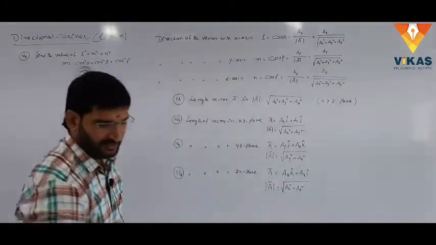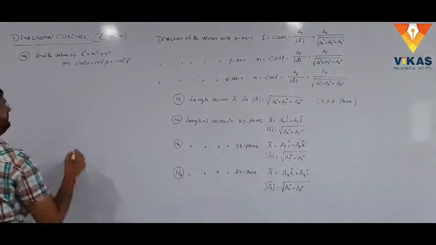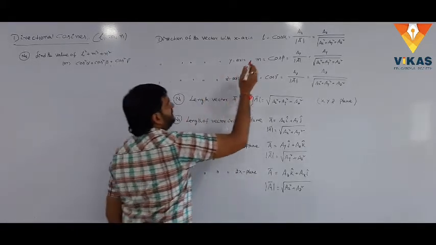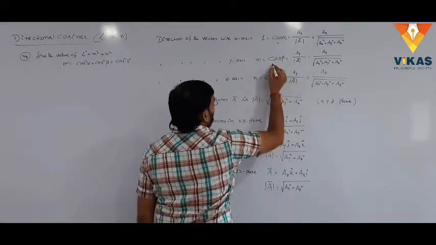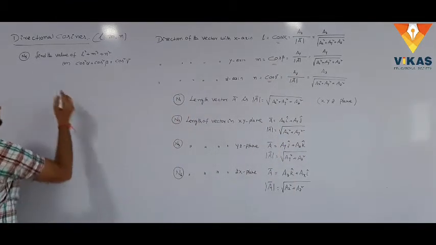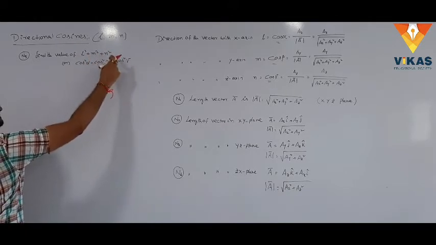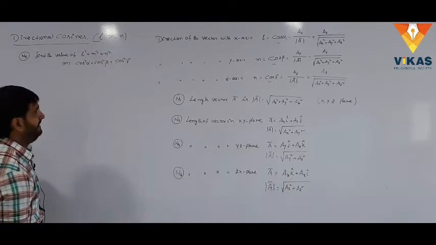How to calculate the sum of the squares of the directional cosines? We know the value of cos alpha, cos beta and cos gamma. l square is nothing but cos square alpha, m square is cos square beta, n square is cos square gamma.